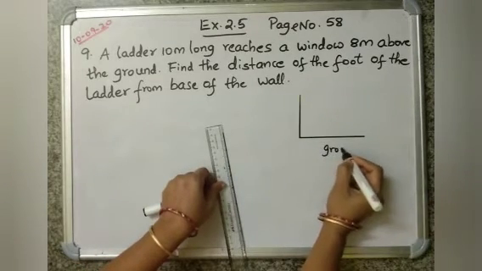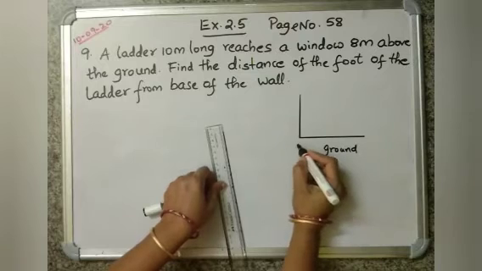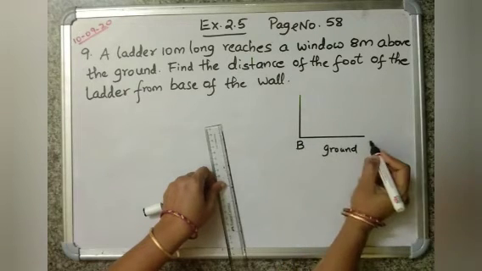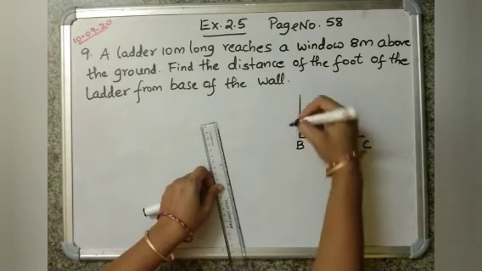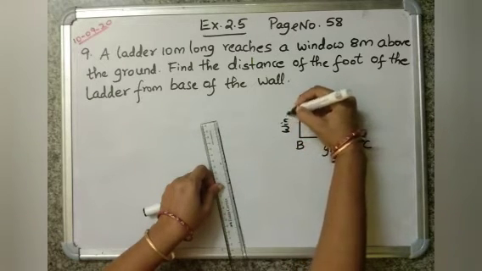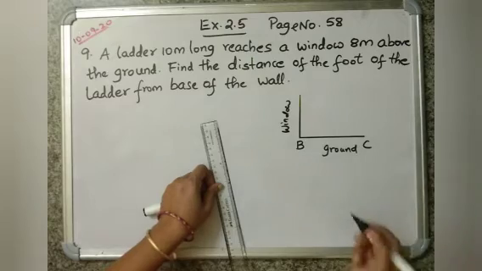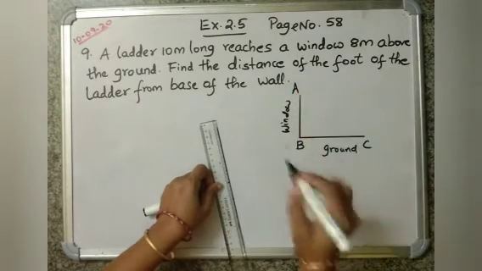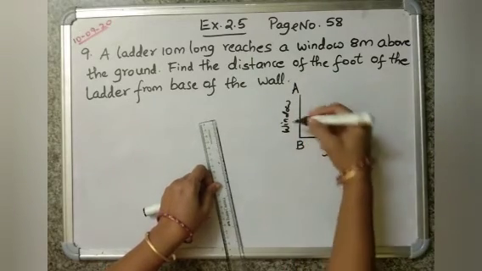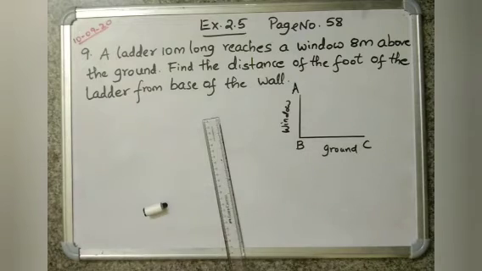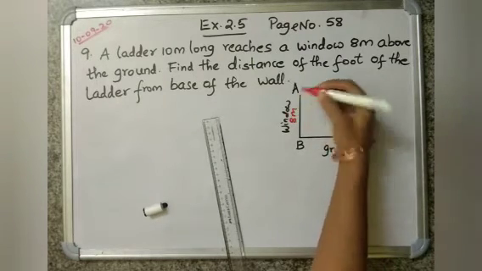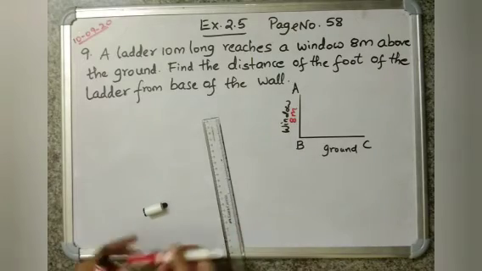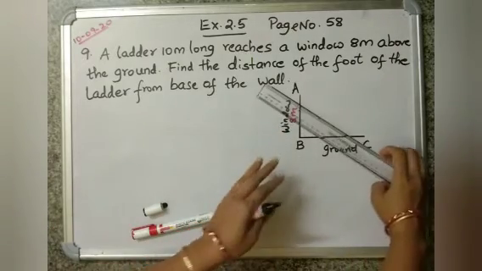This is the ground; I will name this BC. Now this is the window, and this is AB. The window height is 8 meter. Now I will draw a ladder.